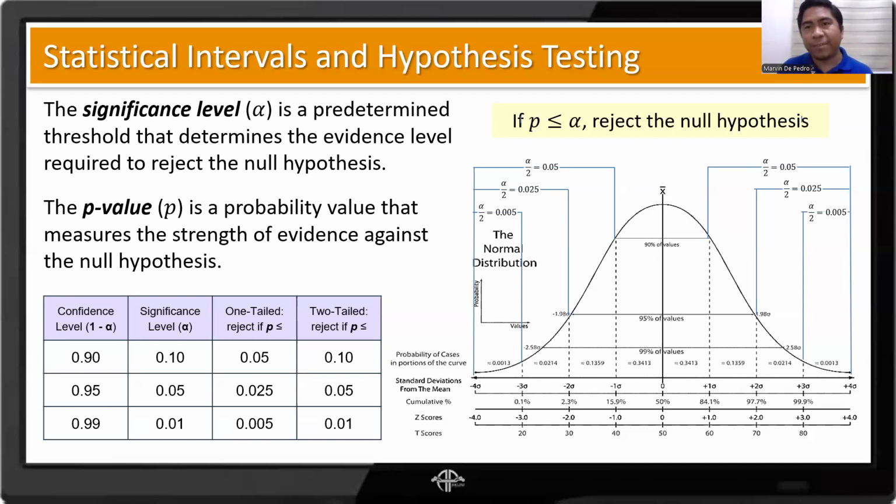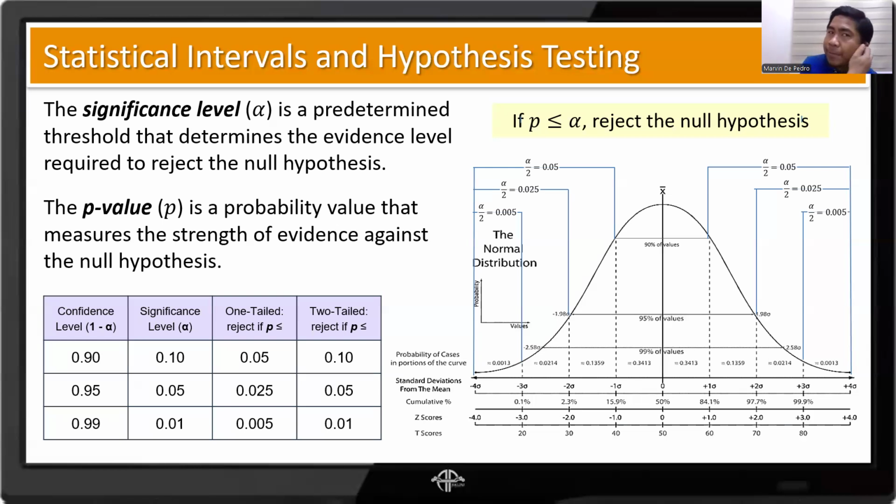So we have such a thing as the rejection region. We use the significance level to reject the null hypothesis; it's one of our indicators on whether to reject or accept the null hypothesis.